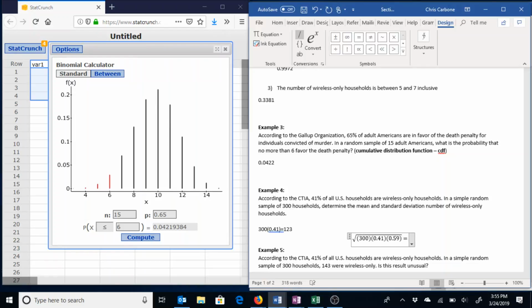That calculation made a value of, let me just get that calculation back actually. So we're taking the square root of 300 times 0.41 times 0.59. That gave us a value of about 8.52, rounded to 2 decimal points.